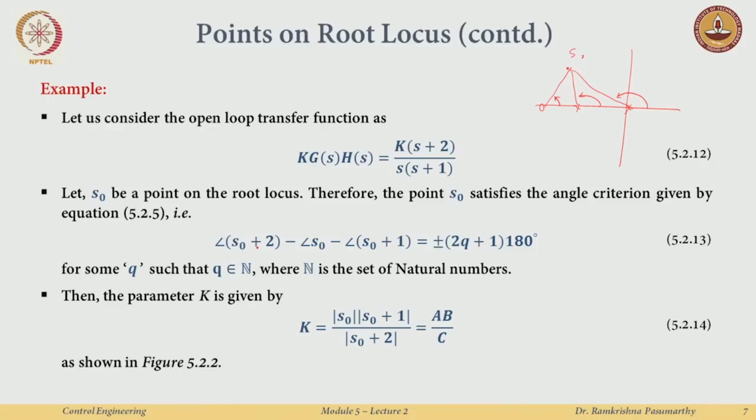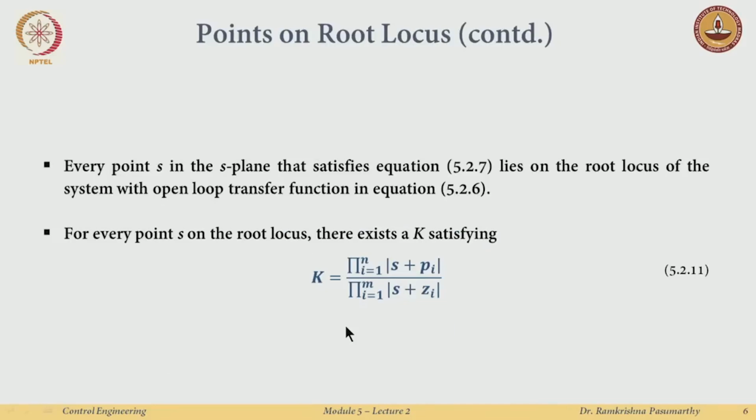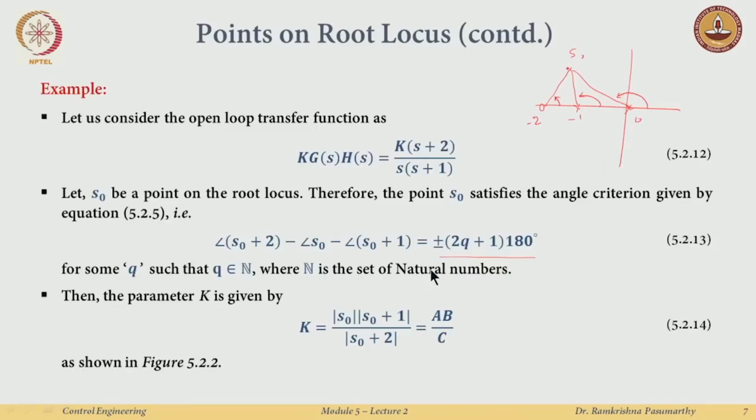So, this is the zero at minus 2, the pole at minus 1, and the pole at 0, with the zero in the numerator. The angle of this one minus the angle of this one minus the angle of this one should satisfy this equality. Similarly, k should satisfy the magnitude criterion, which involves the magnitudes of s0, s0 plus 1 and s0 plus 2.